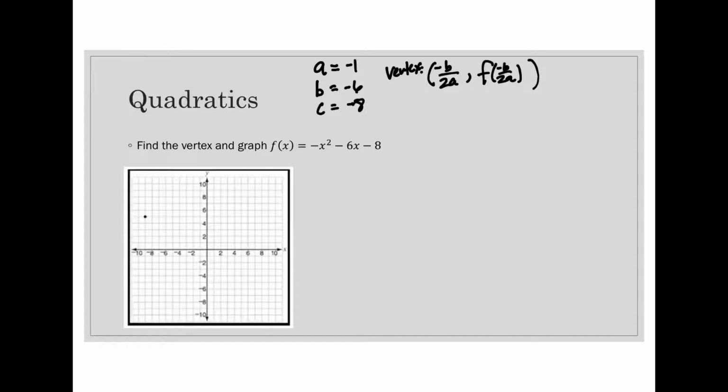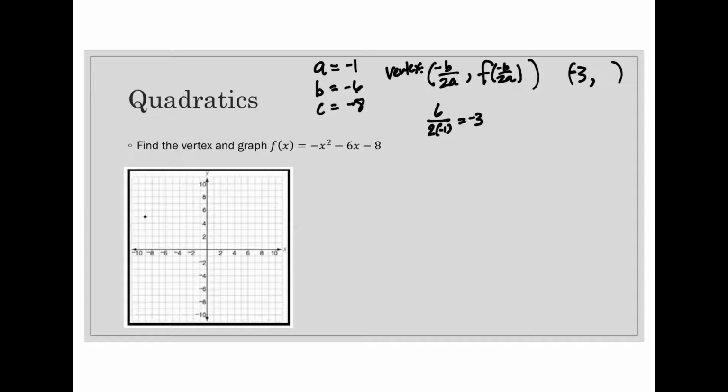The opposite of my b, which is negative 6, is positive 6, and that's over 2 times negative 1, which is 6 divided by negative 2, which is negative 3. So I know the x value of my vertex is at negative 3.